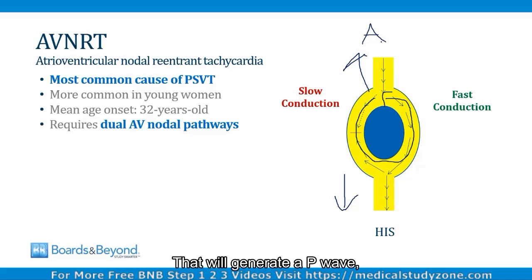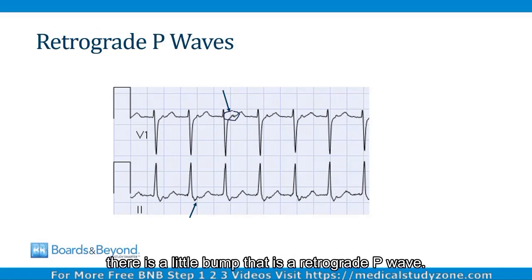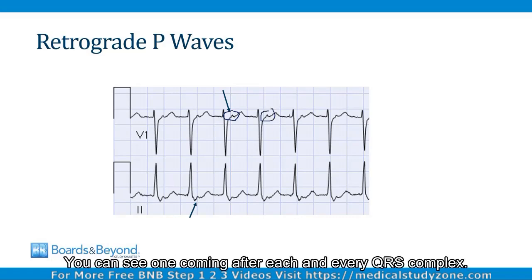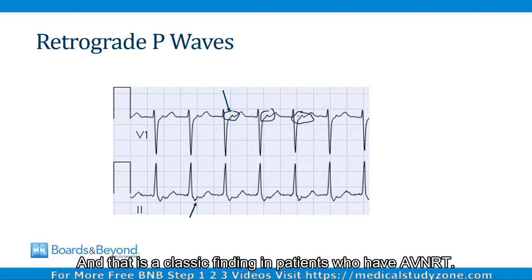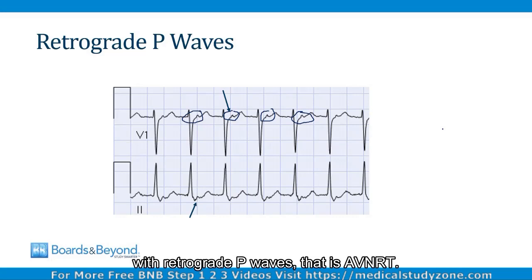That will generate a P wave, but it will be a special kind of P wave called a retrograde P wave. So here is an ECG of a patient with AVNRT, and after each QRS complex there is a little bump. That is a retrograde P wave. You can see one coming after each and every QRS complex, and that is a classic finding in patients who have AVNRT. The abrupt onset of a supraventricular tachycardia with retrograde P waves, that is AVNRT.